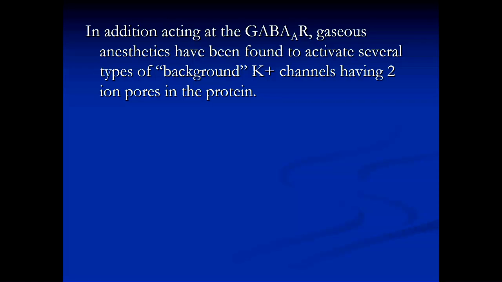So because the sodium-potassium pumps are working all the time to bring potassium in and pump sodium out of the cell, then you accumulate a lot of potassium inside the cell, and when you open up new pores and channels for potassium to flux across the membrane, under most conditions, potassium is going to leave, go down its concentration gradient, and that positive charge leaving the cell is going to hyperpolarize the cell, make it more negative, pull it further away from threshold for firing an action potential, and so that's going to quiet down that cell that's being affected in that manner.